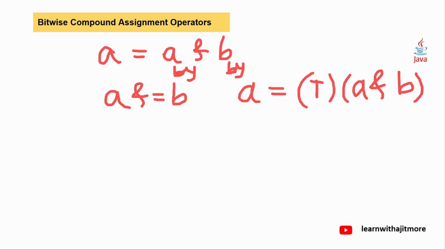Why? Because in that case, the answer is going to come as integer. I told you, before doing ANDing, byte is promoted. Now, some may say both are byte only, why? But the rule is there. In Java, the minimum answer is integer. So, byte is promoted to integer, byte is promoted to integer. Therefore, the answer is integer.